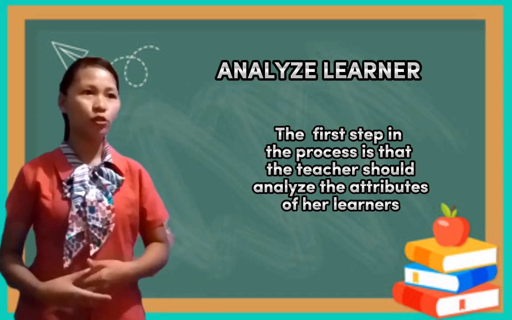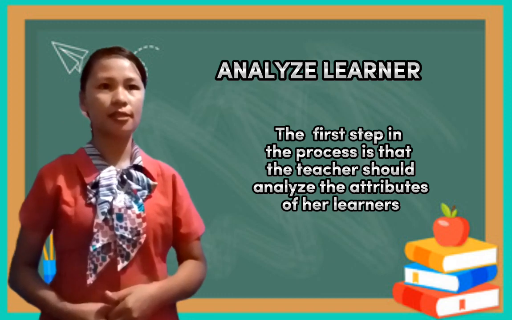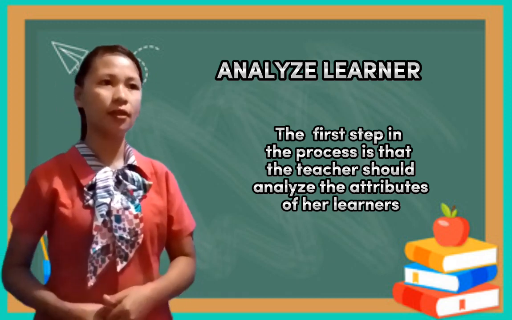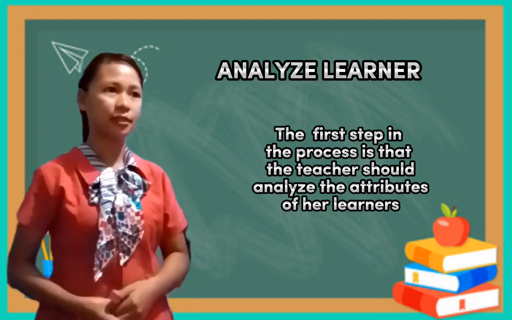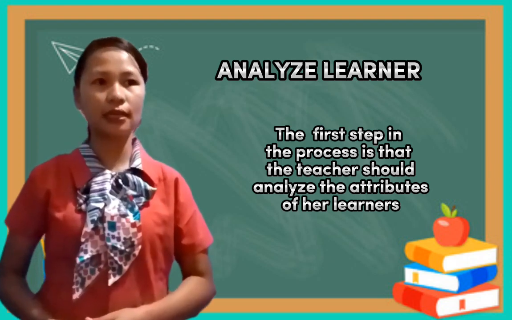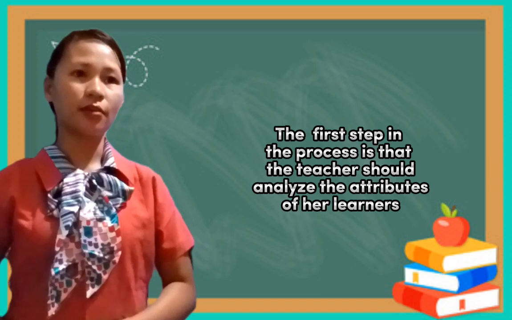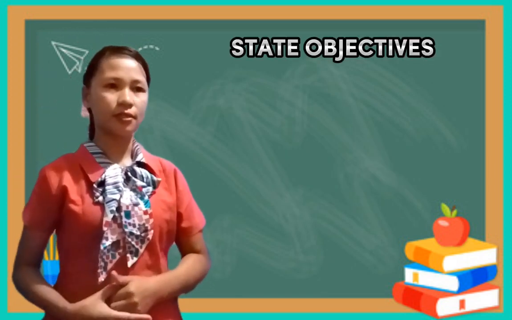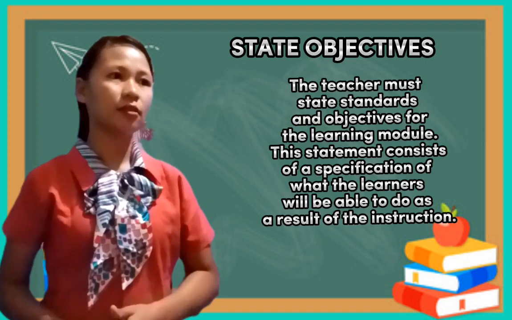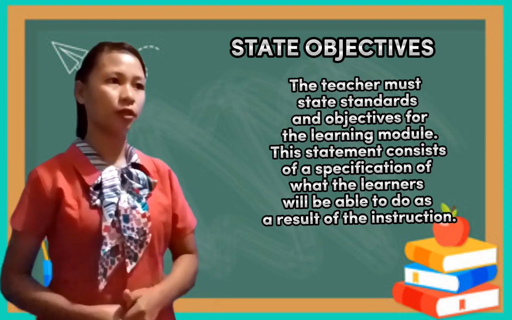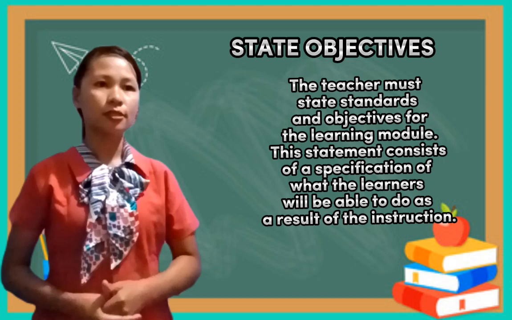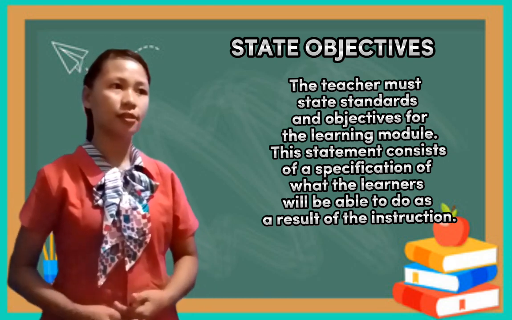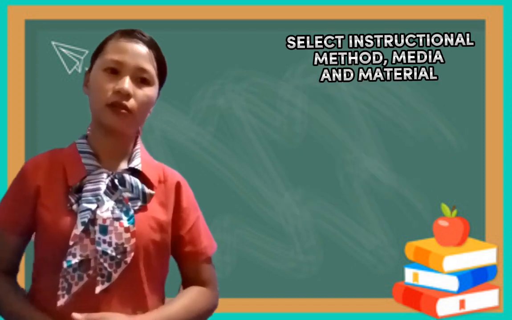That also includes such information as the number of students, grade or school level, as well as their exceptionalities and cultural or ethnic and other types of diversity. Next, state objectives. The teacher must state standards and objectives for the learning module. State objectives describing what the learner will do as a result of instruction.